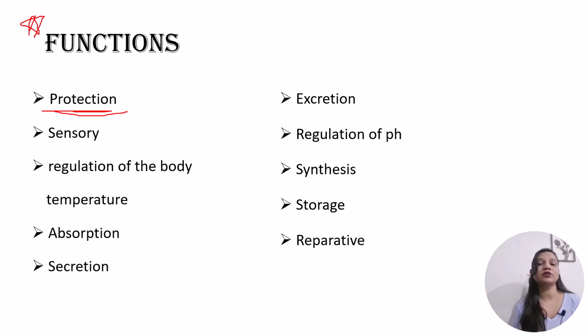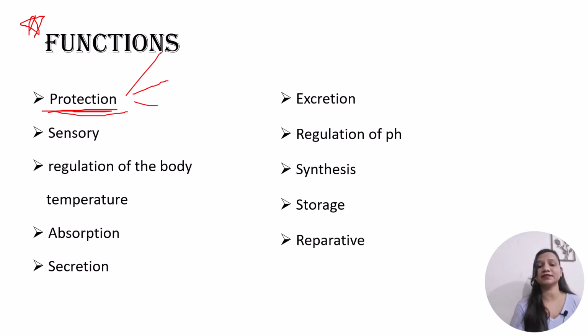The skin also performs immune function. The Langerhans cells present in the epidermis produce immune responses, so skin also helps in immune function. So the skin performs the protective function: it acts as a barrier, protects from UV radiation, and performs immune function by Langerhans cells in the epidermis.